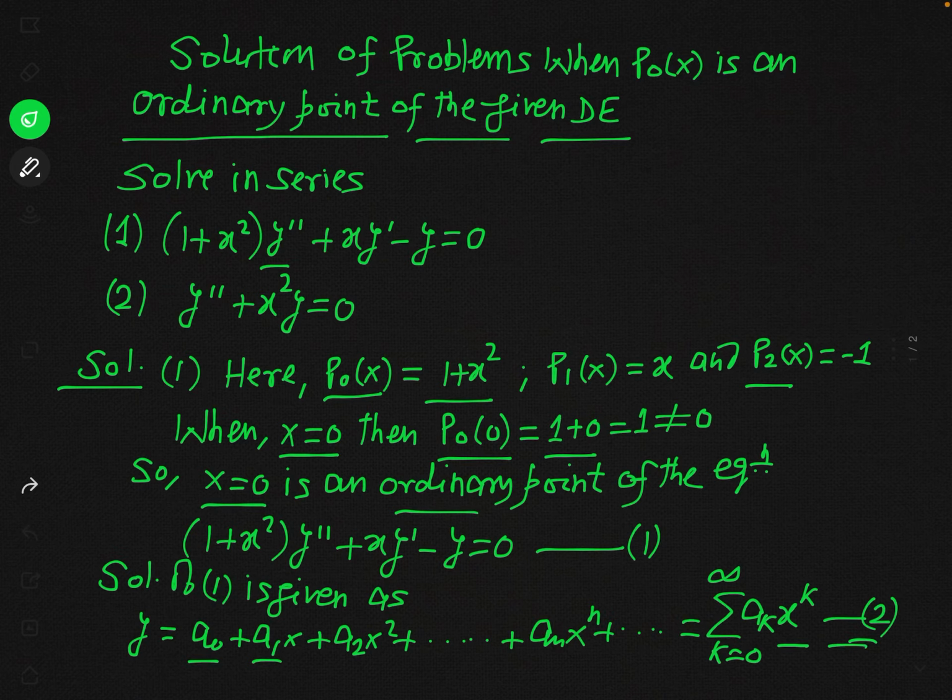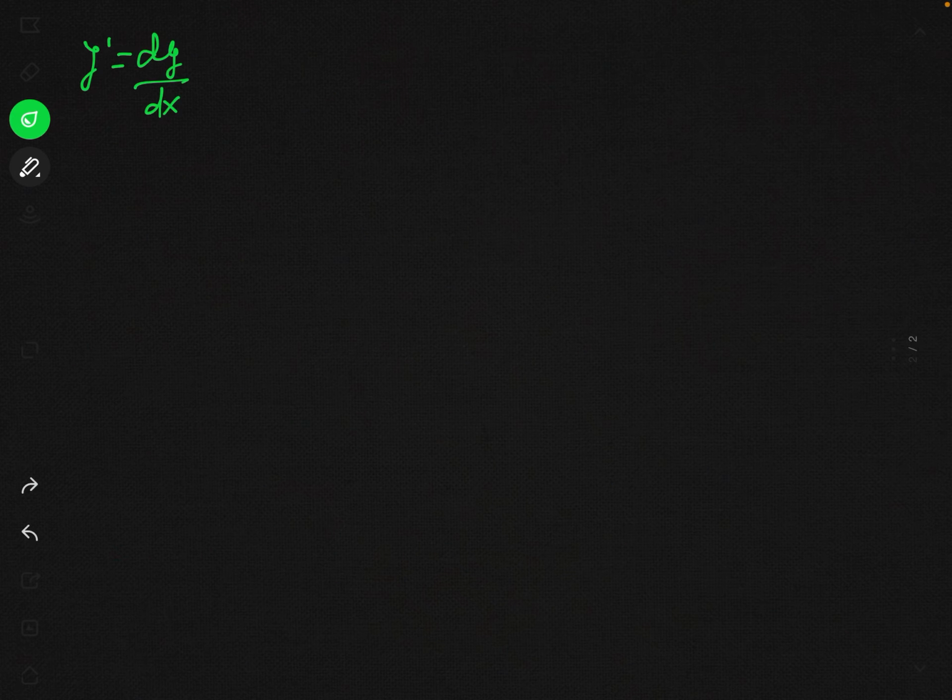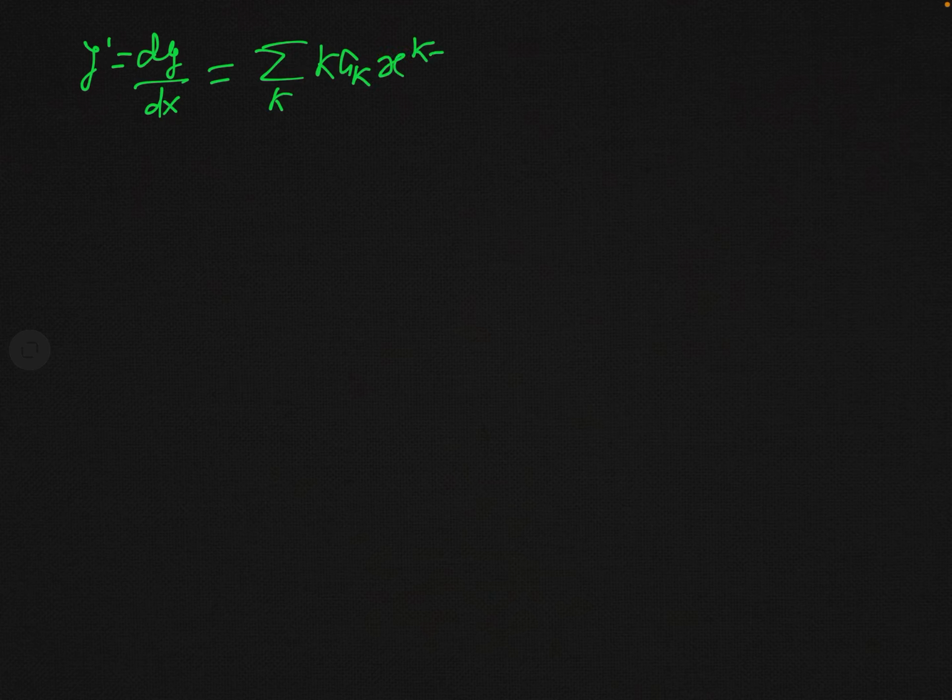So let us do it. You can see what will be the value of y prime. When you say y prime, it means this is dy dx, and from equation number 2 we will find dy by dx, and this will be simply equal to summation over k of k ak x to the power k minus 1.